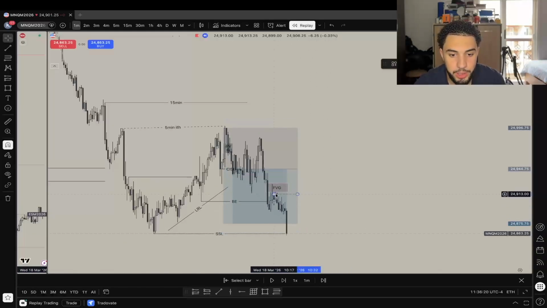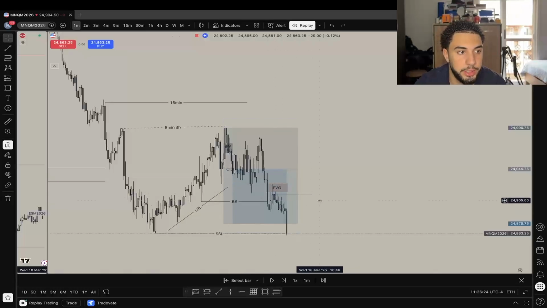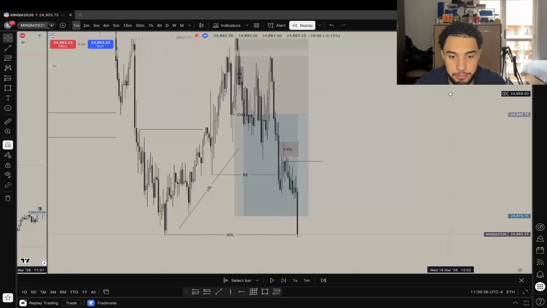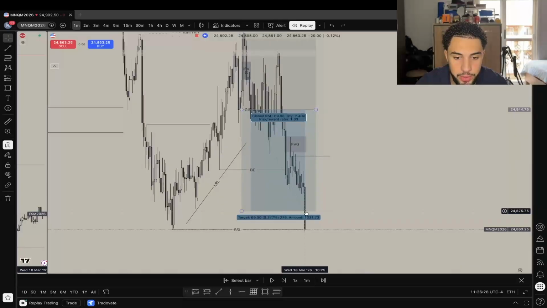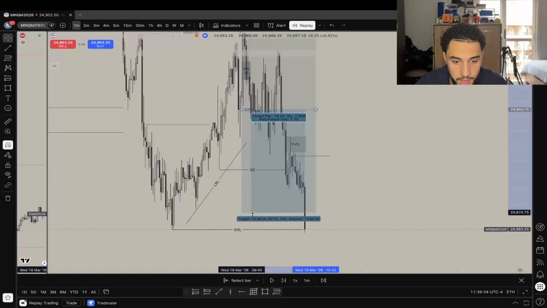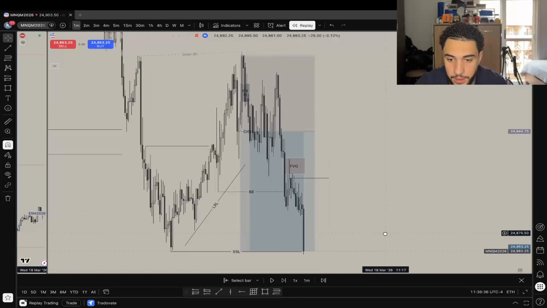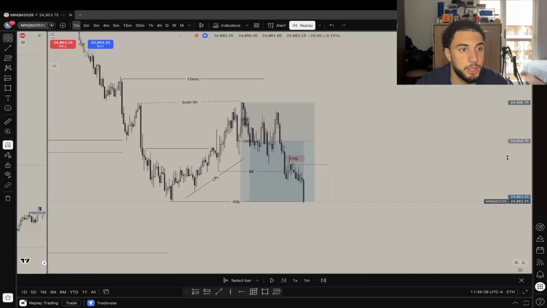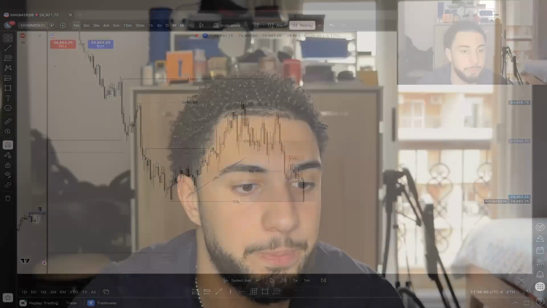So I ended up trailing my stop to this body closure of the candle right here. Because I really had high conviction, and NQ at this point was right here, it did look like we wanted to run it. I trailed my stop instead of fully closing, and NQ ended up smacking full TP for $650.